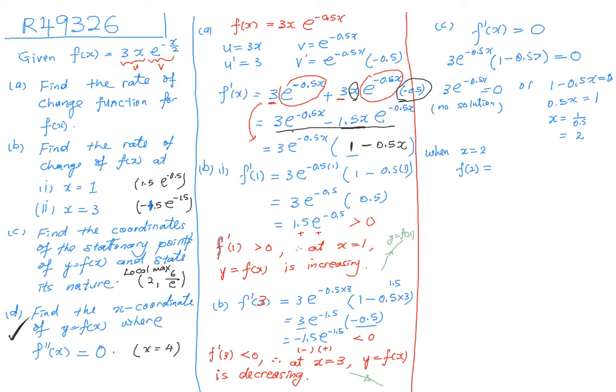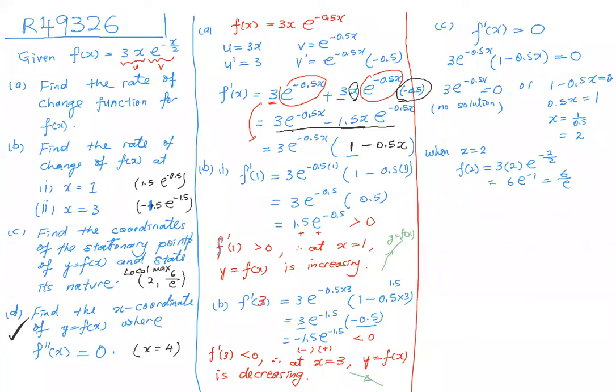Okay, I write f(x) is 3 times 2, closing bracket, e to the power negative 2 over 2. Yeah, negative 2 over 2. Then this will be 6 e to the power negative 1, which is 6 over e. Yes, you are right.